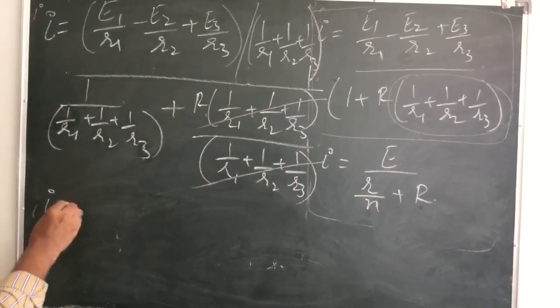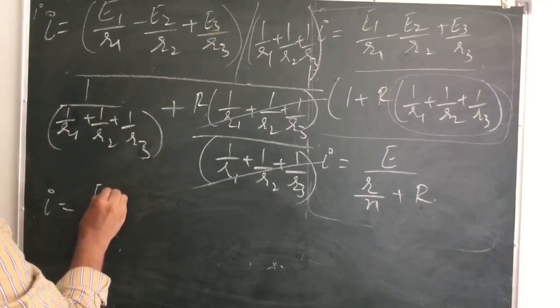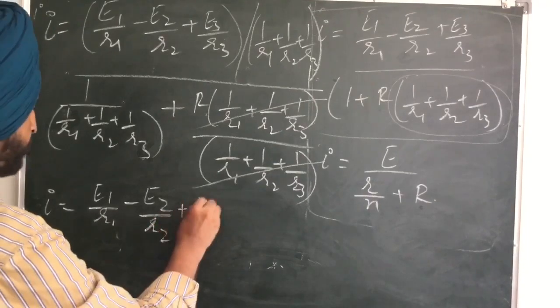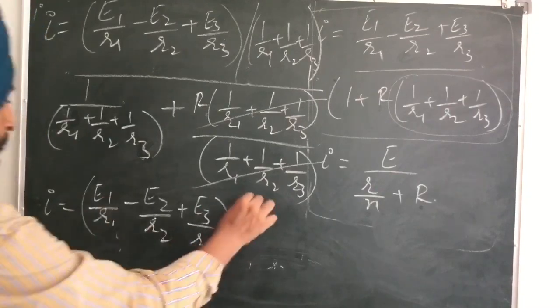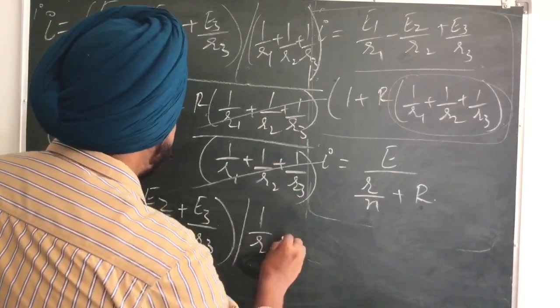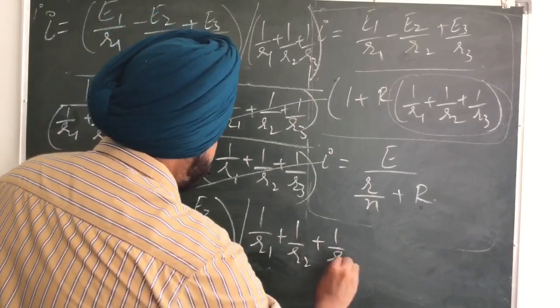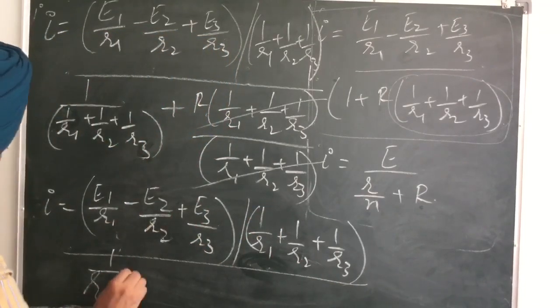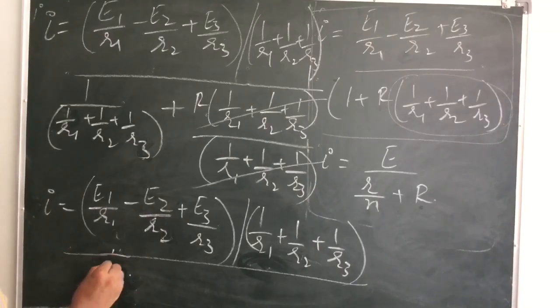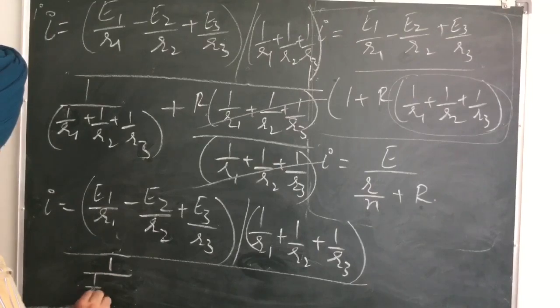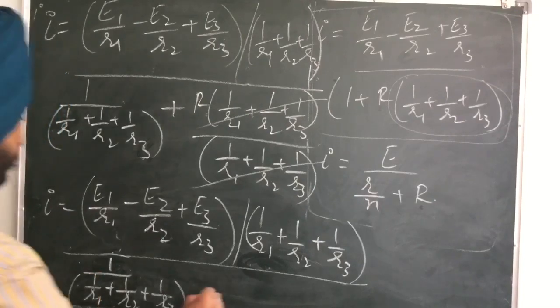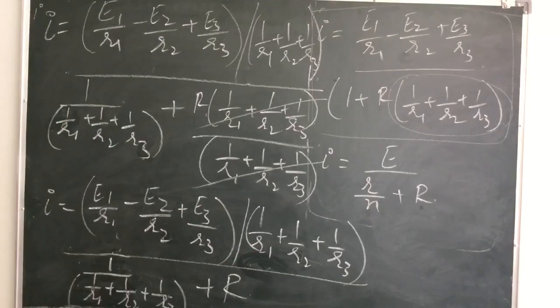So what will be the value of current? The value of current would be this, which will be our net EMF, divided by this plus R. So now this value will be our net internal resistance.